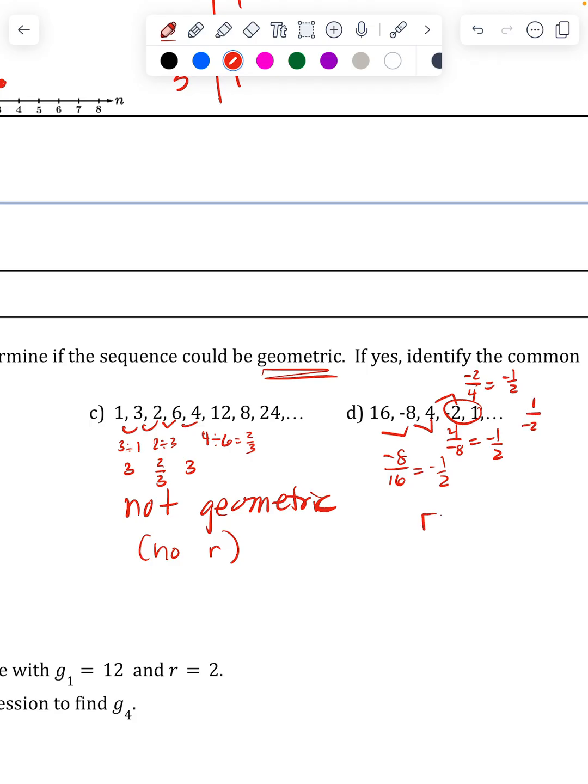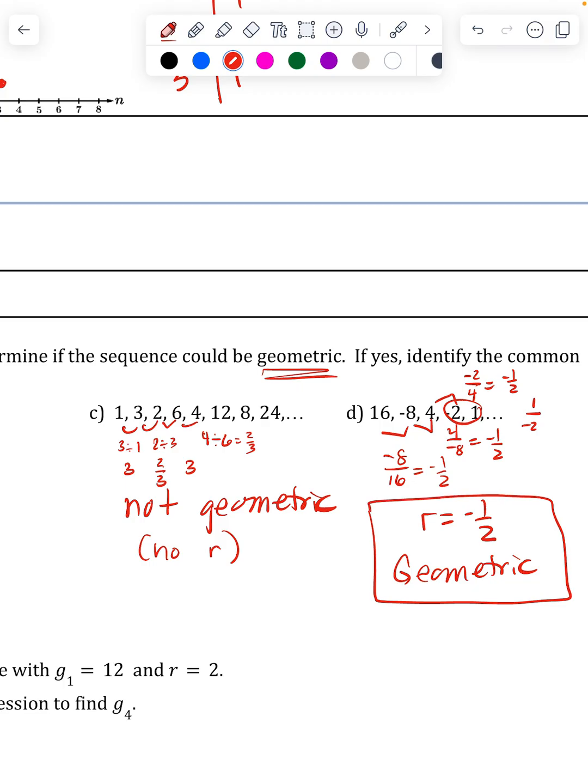So all of these have a common ratio of -1/2. And so this is going to be geometric in nature. And you express it as -1/2. You don't say divided by 2, even though mathematically it's dividing by -2. You write it as a ratio of -1/2 because it's the number you are multiplying by.